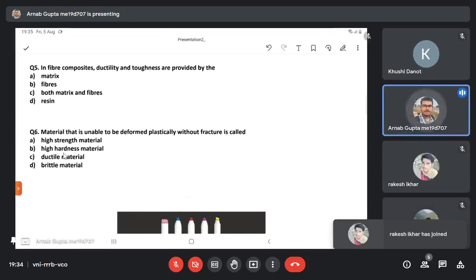Can you just unmute yourself and tell what is the correct option here? In fiber composites, ductility and toughness is provided by which element? Matrix, fiber, both matrix and fiber, or resin?